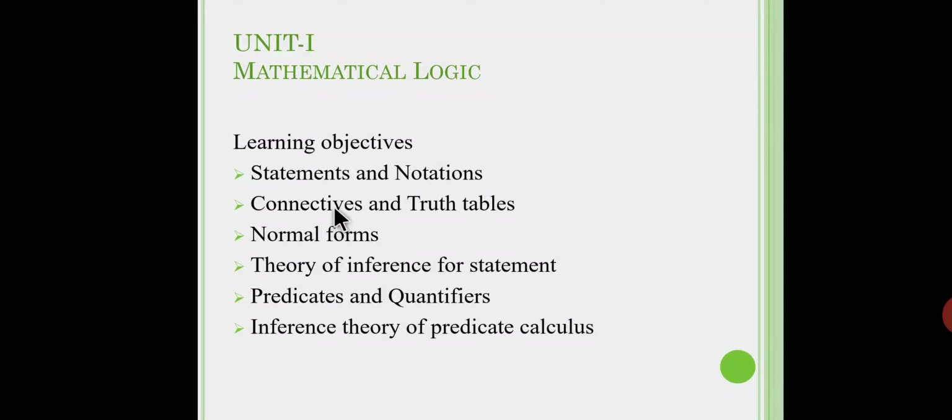Next, disjunction. In given two propositions, if at least one of the propositions is true, then their disjunction is true, otherwise it is false. This is also called inclusive OR. One more connective in disjunction is exclusive OR.